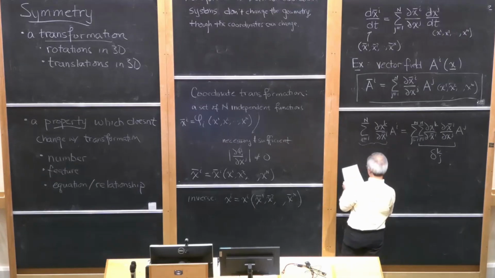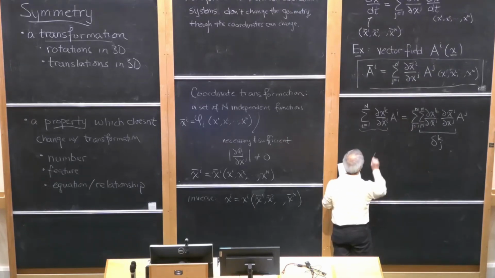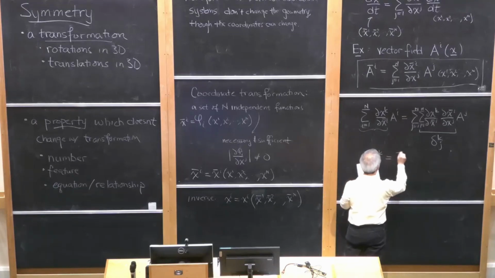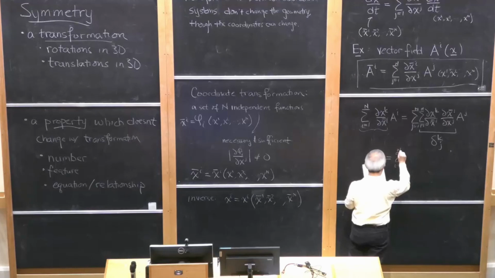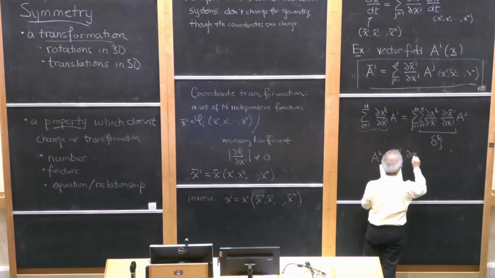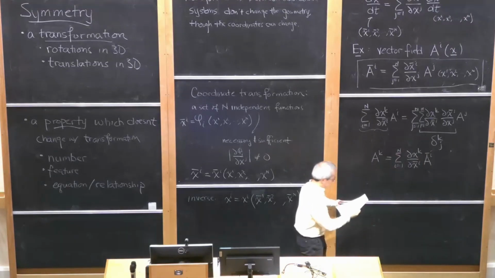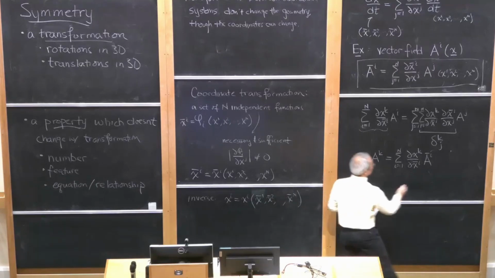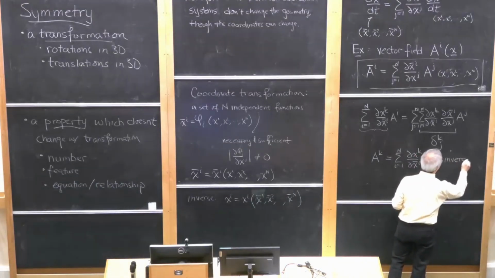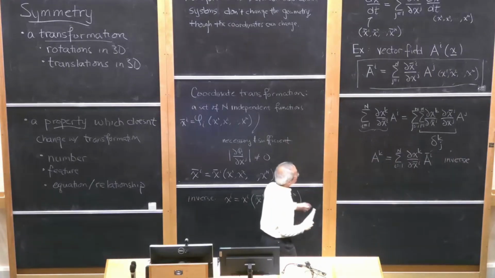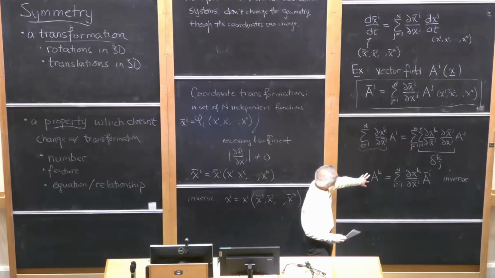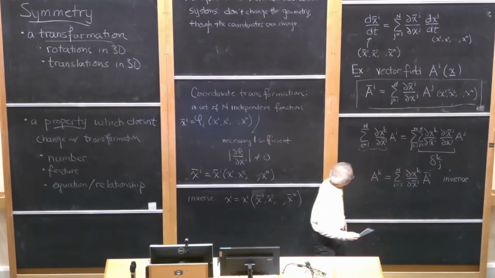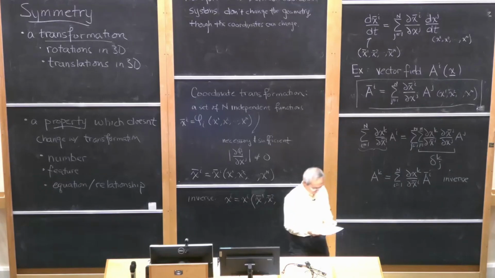So in the end, what we should get is that a k is equal to the sum over i from 1 to n of dxk over dx bar i, a bar i. So this is the inverse of what you had above, but really it is just the same form because, as you see, all you've done is switch the positions of all the unbarred and the barred quantities.